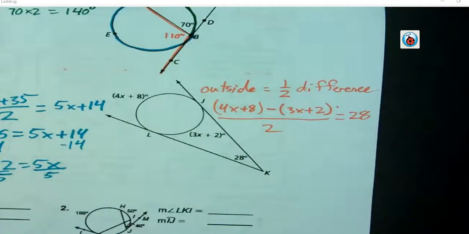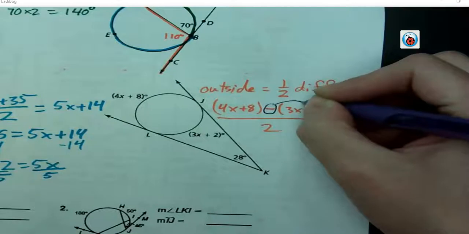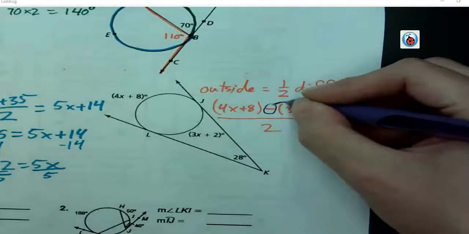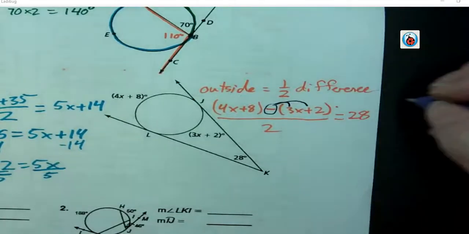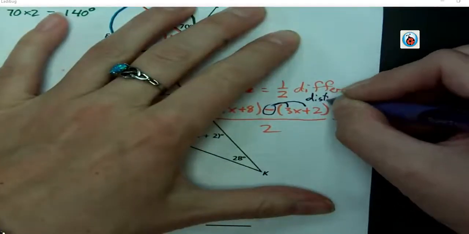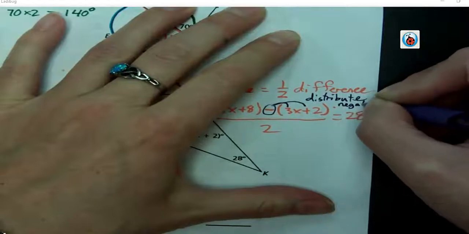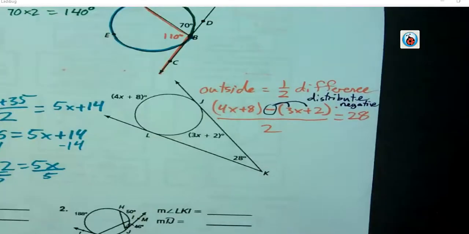Okay, so a very important thing to remember here is we must distribute the negative. Okay, so we apply it to the 3x and the 2. So we're going to distribute, technically we're multiplying times -1.